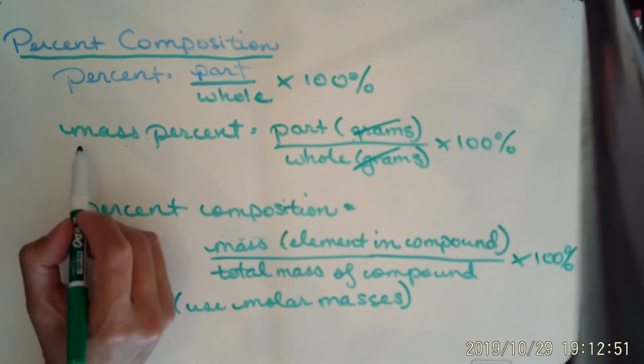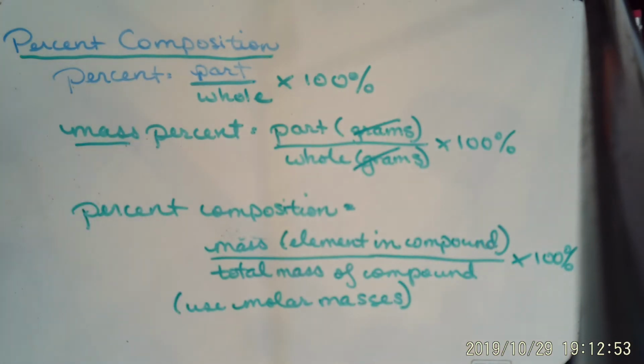But the only reason we say mass percent is just so you know we're looking at the mass of the parts and the wholes. Well, what about percent composition? Well, when we're looking at our compounds in particular, we're interested in knowing how much each element makes up in that compound.